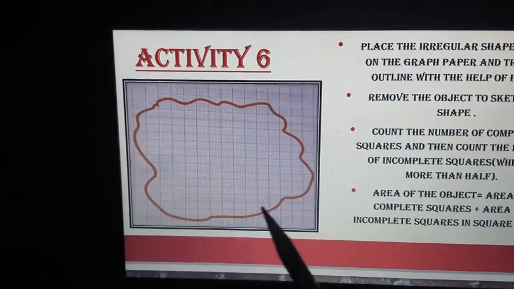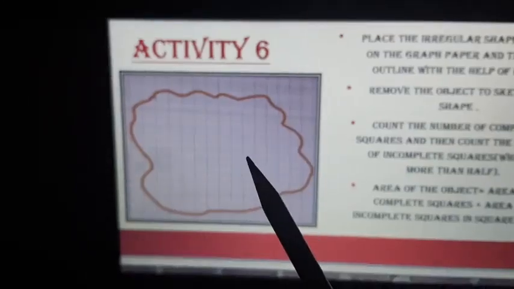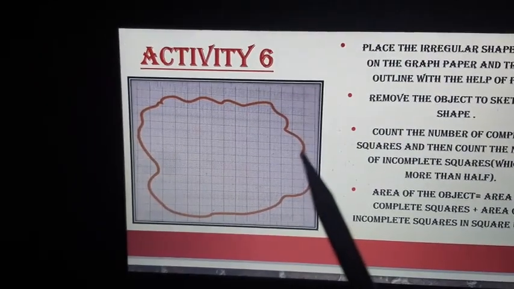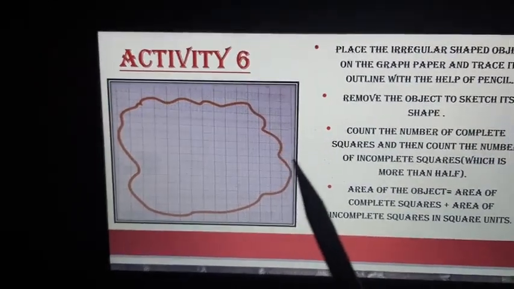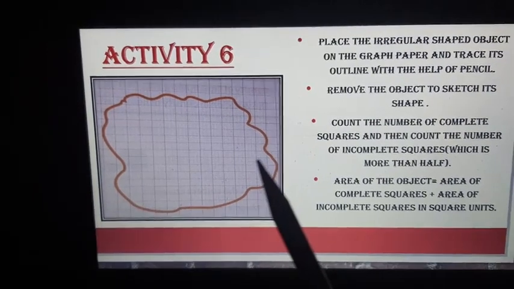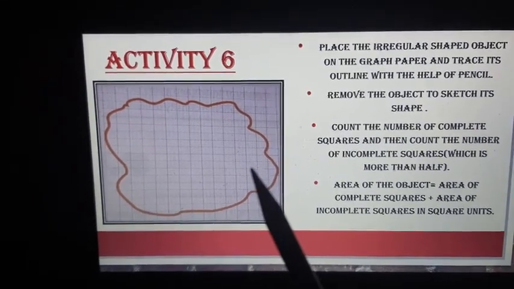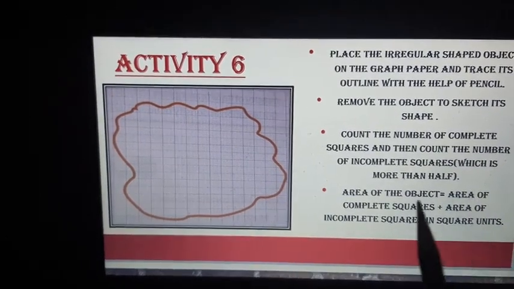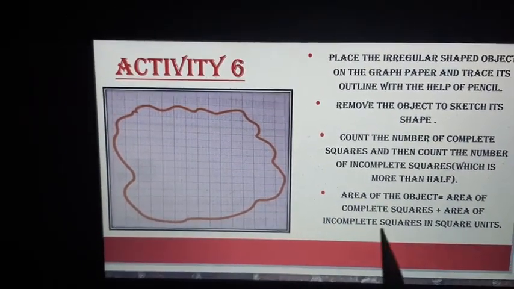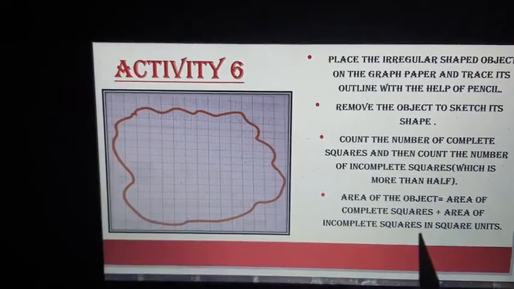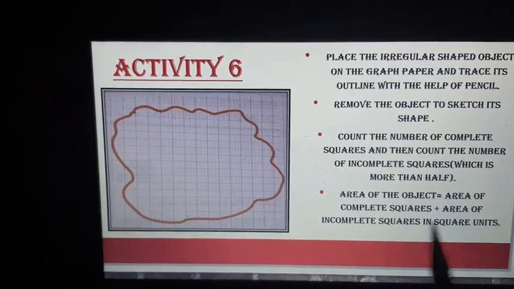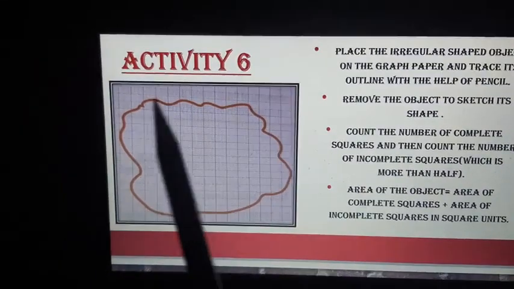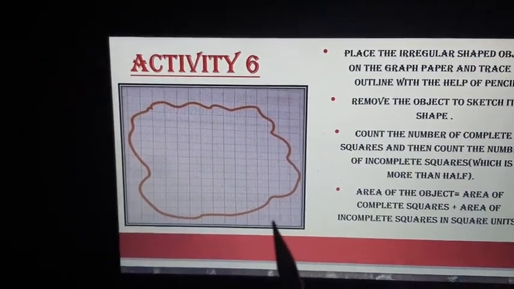I will repeat, you count the number of full squares, and then you count the number of those squares which are more than half contained in this figure. Now when you add both of them, that is the area of complete squares and the area of incomplete squares, and you express them in square units, you get the area whose outline you have drawn. Clear?